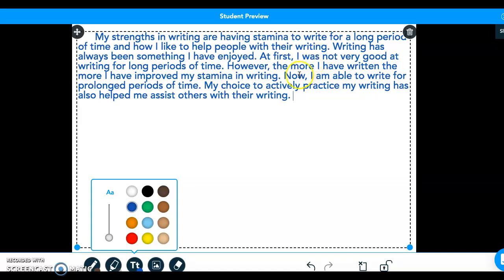Because I'm wanting to transition my reader from the thought of me having stamina to me helping others. I want them to follow my train of thought. So this is why I talked about me actively practicing my writing and how it's also helped me to assist others with their writing.